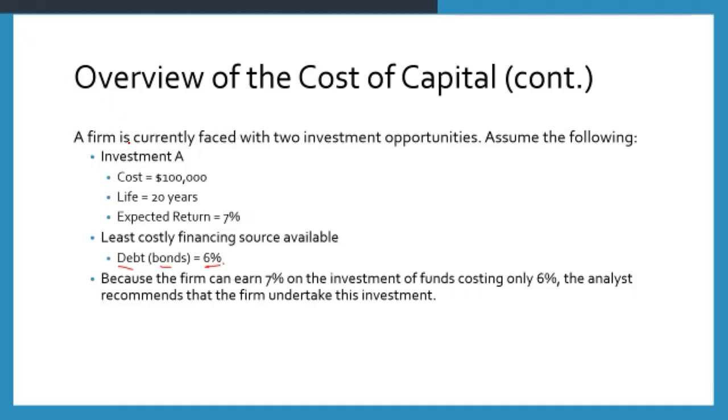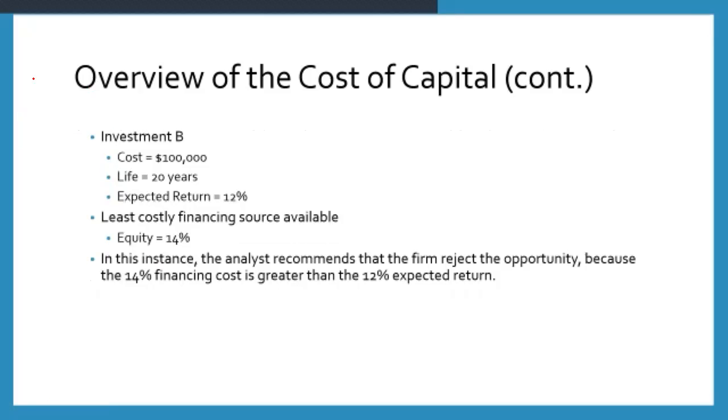So we look at the percentage. We don't look at just the fund and the cash flow. So the cost is 100,000 and the return is 7%. We need to also look at the cost. So in this session, we're focusing on the cost of financing the investment.